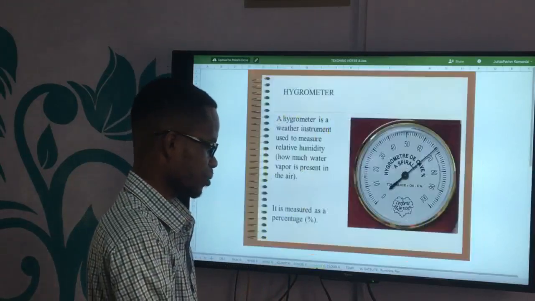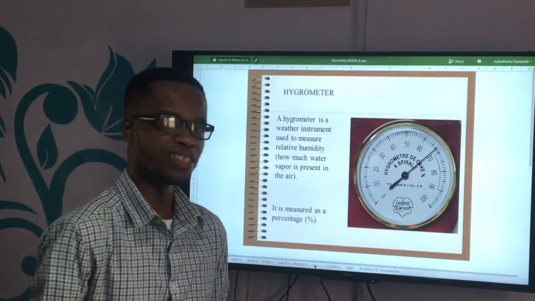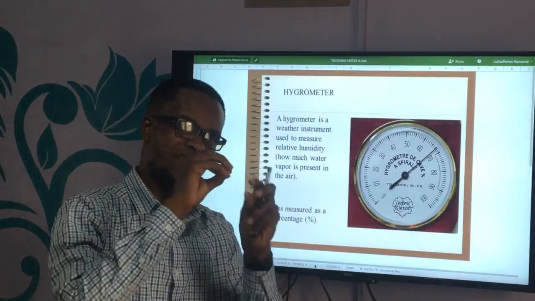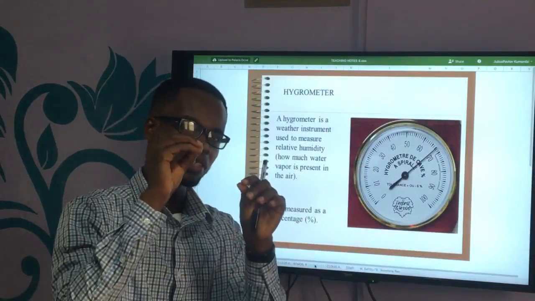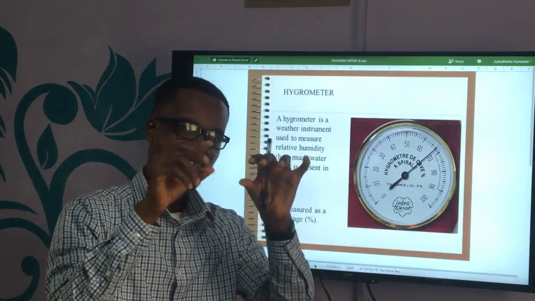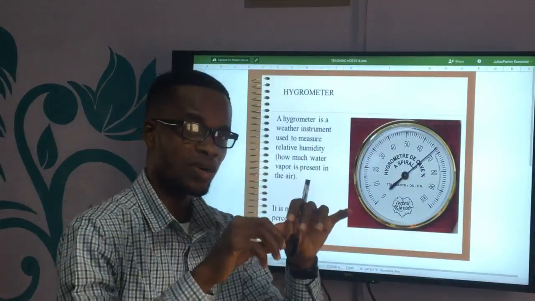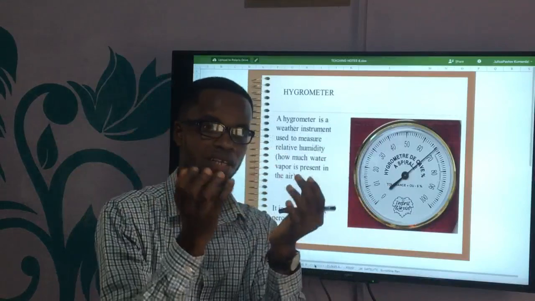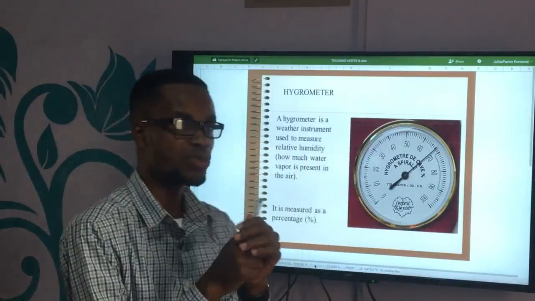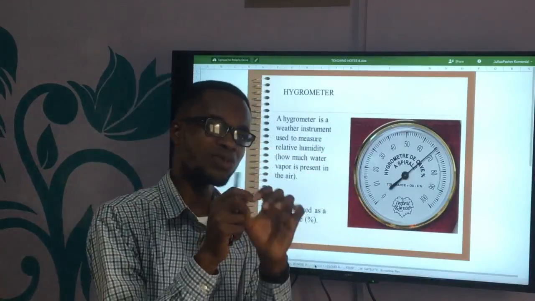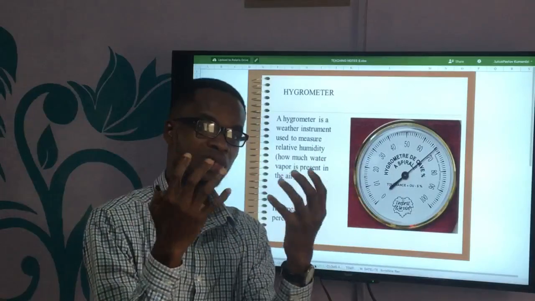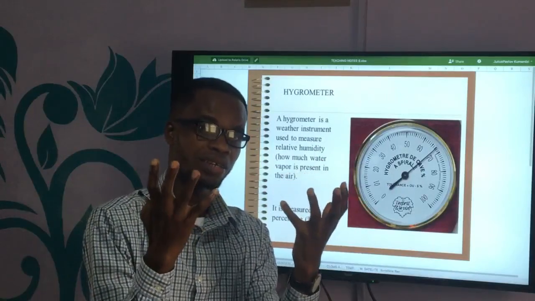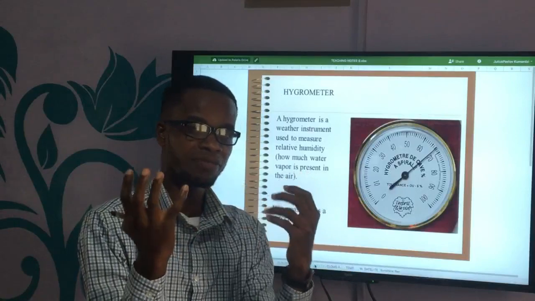Now we look at another thing, humidity. This is the amount of water content, the amount of water or moisture in the atmosphere. And we need to determine that, because when there is no moisture, the atmosphere will be dry and breathing will become difficult.